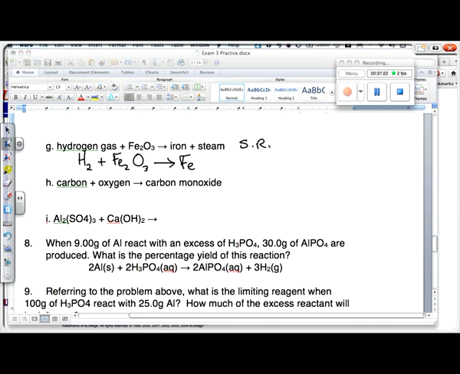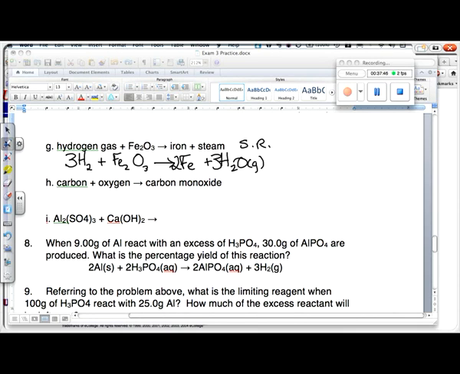Iron is my new element, and hydrogen and oxygen come together to form water. Steam is just water as a gas. All right, balancing. I have 2 irons over there, 3 oxygens, so that gives me a total of 6. So I'm going to put a 3 here.